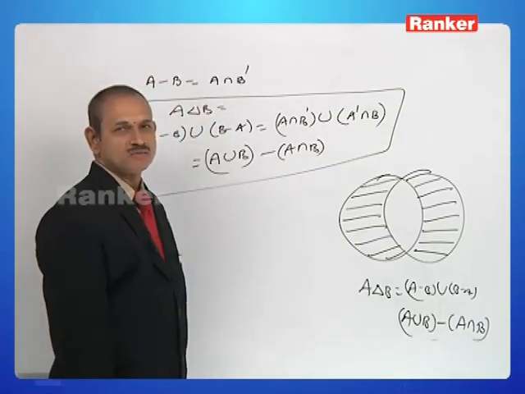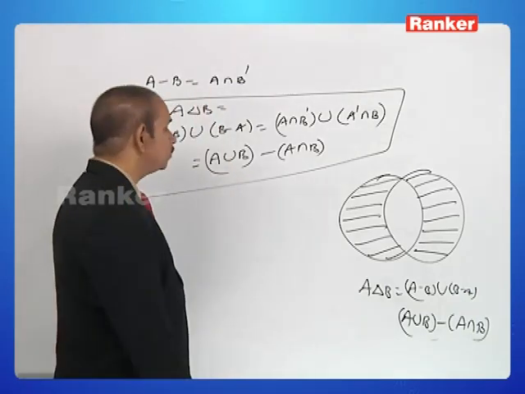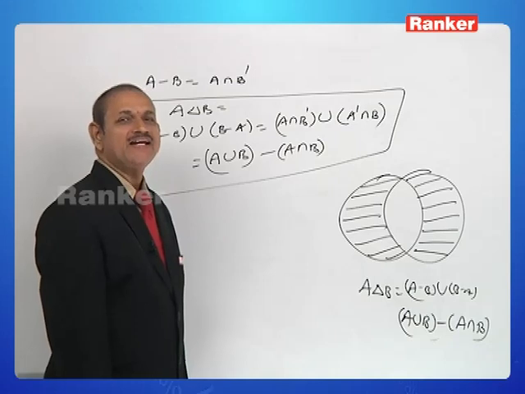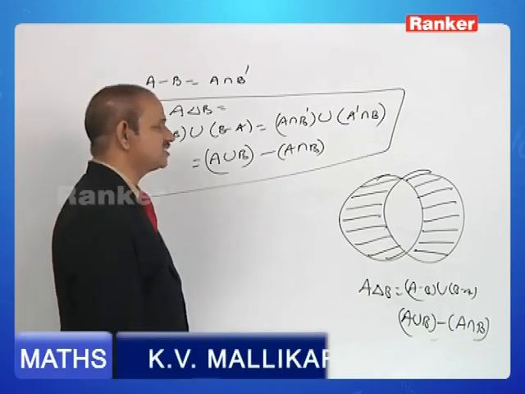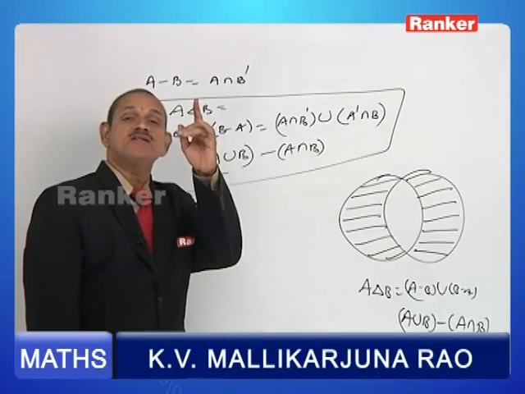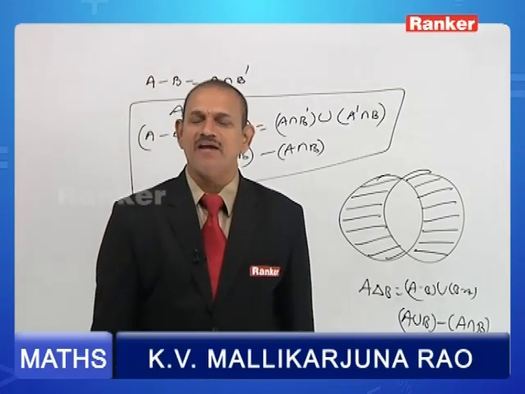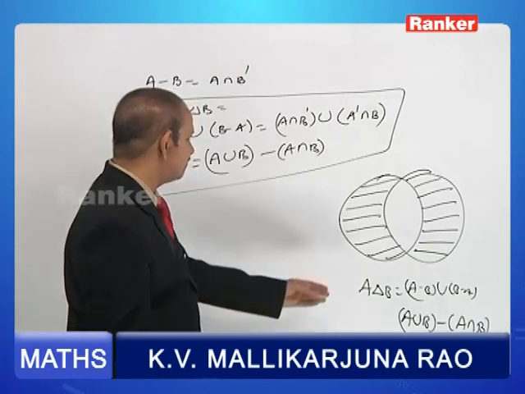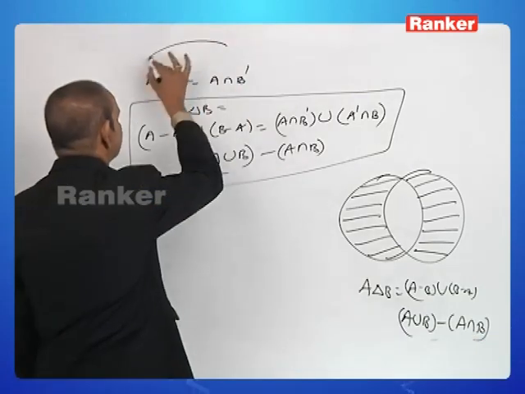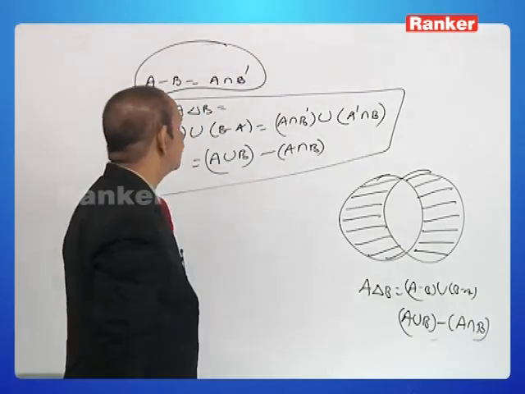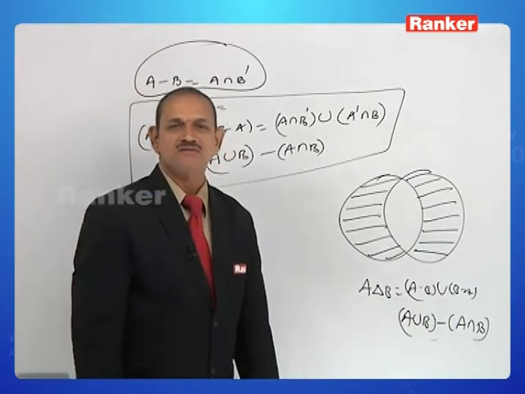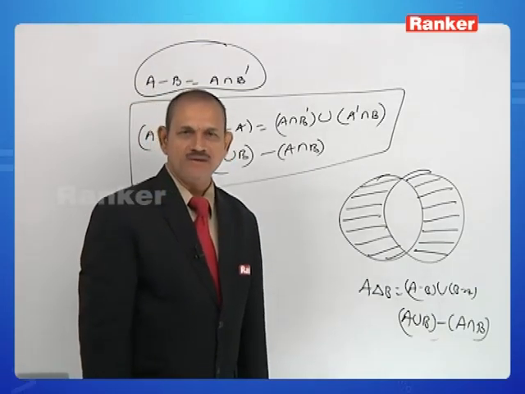Three types of expression are possible to write A delta B. That is what we say about the symmetric difference of A and B. What is A delta B? Symmetric difference of A and B. Good. And this is possible by the observation A minus B is equal to A intersection B dash.